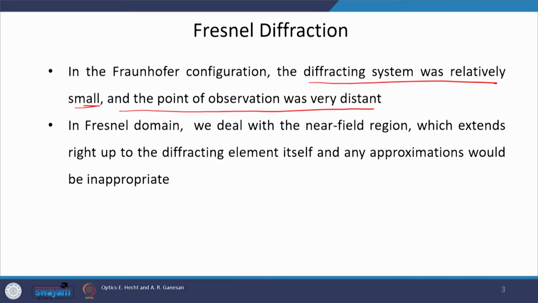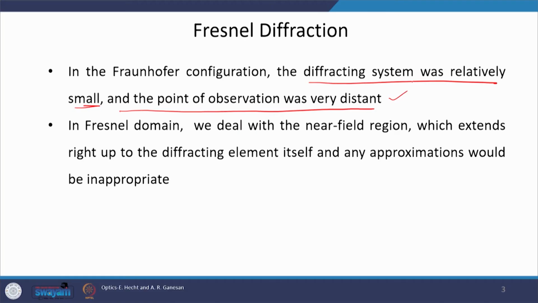Because in the very first class of diffraction, where we introduced the Fresnel and Fraunhofer categories, we discussed that in the Fraunhofer domain, both the source and the point of observation on the observation plane must be at infinity from the diffracting plane, or from the diffracting element.